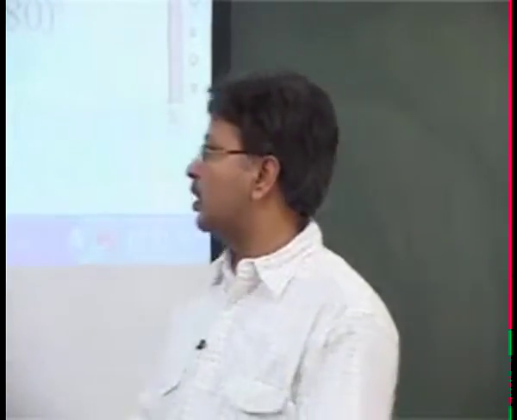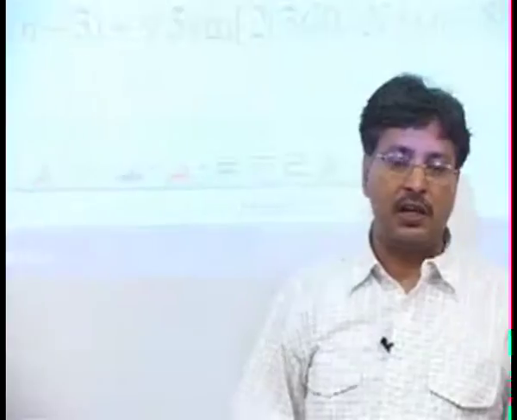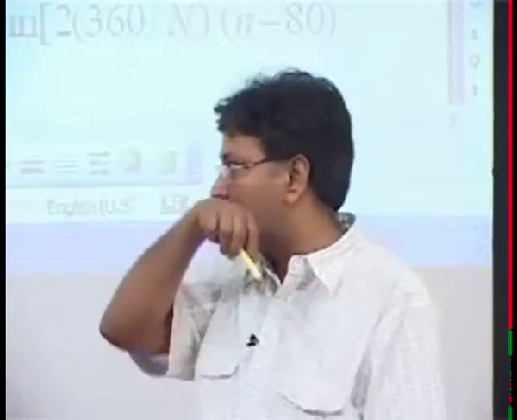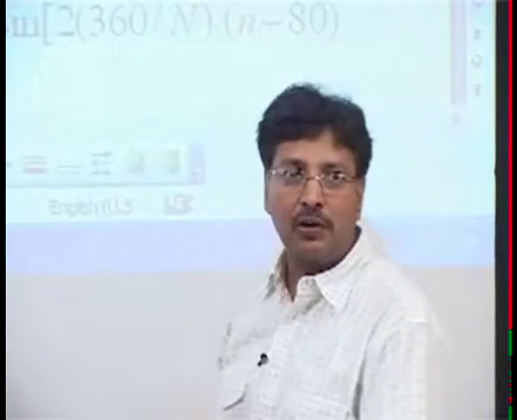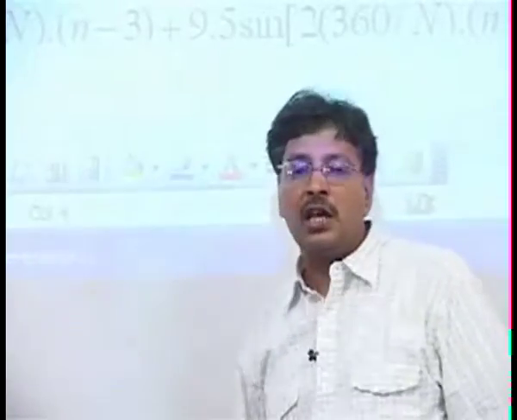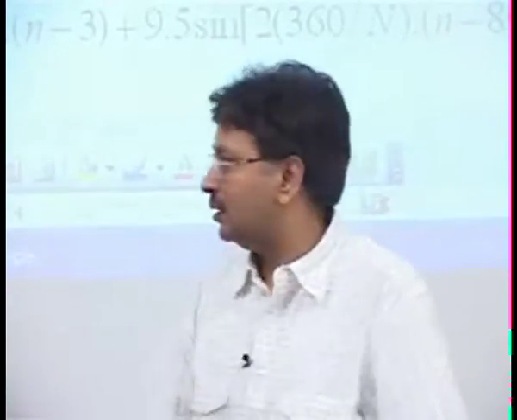Here, the larger N is the number of days in the year. It could be 365 or 366, depending on which year you are talking about. And the small n, as you see here, is what we call the Julian day.